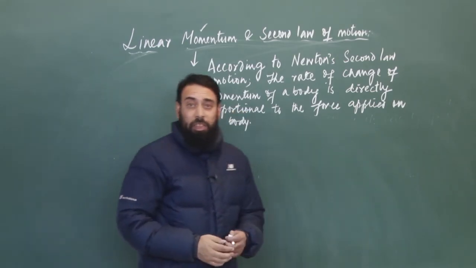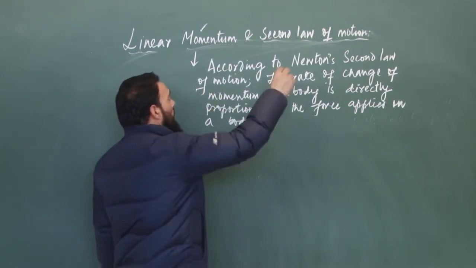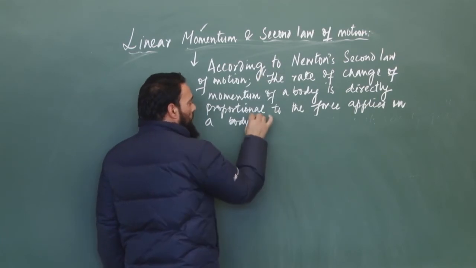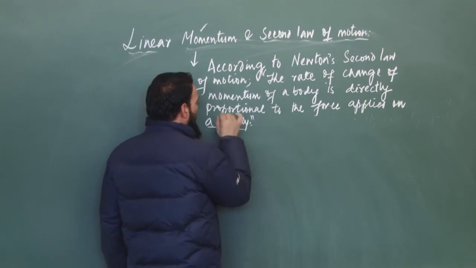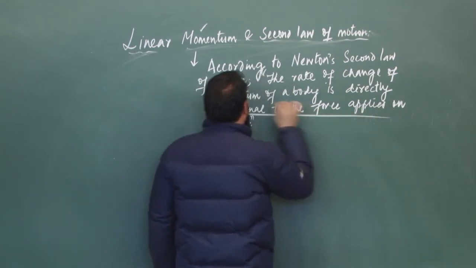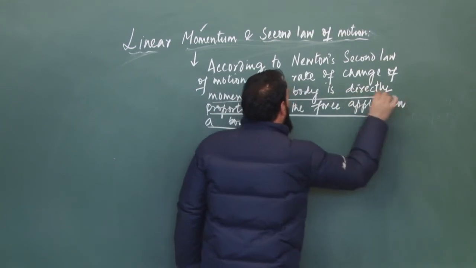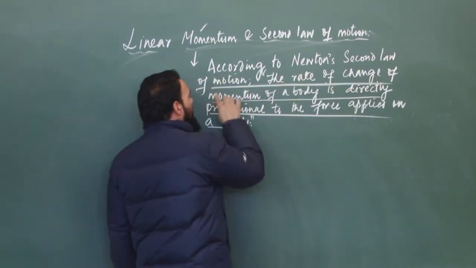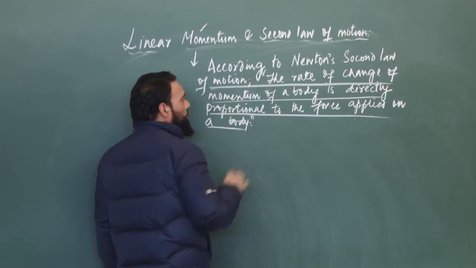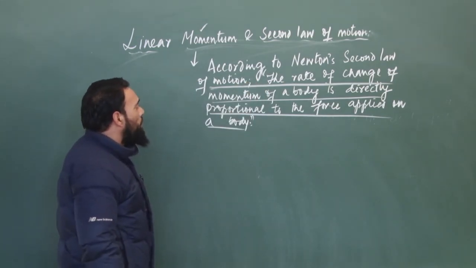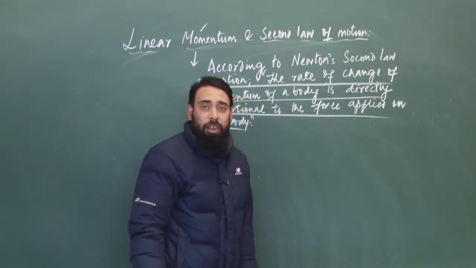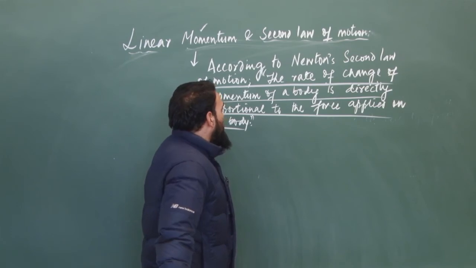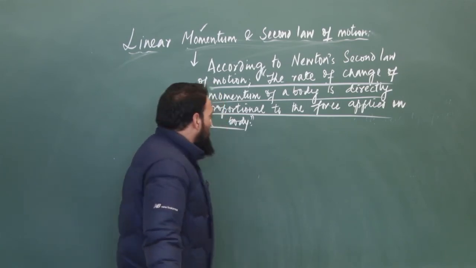So if we represent this mathematically, here, this is the statement which I underline. This is very important to understand Newton's second law. The rate of change of momentum of a body is directly proportional to the force applied on the body.